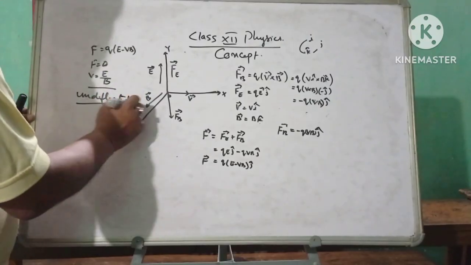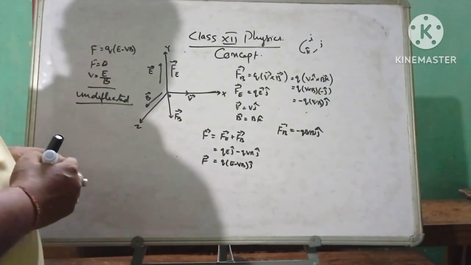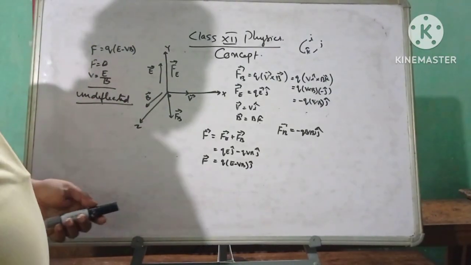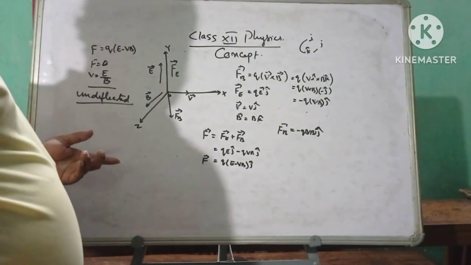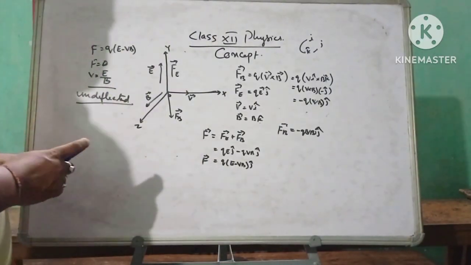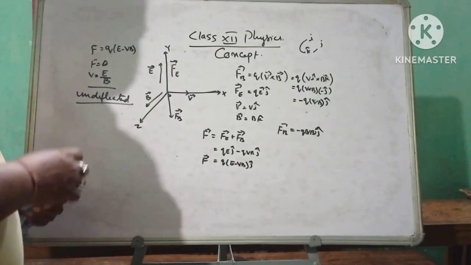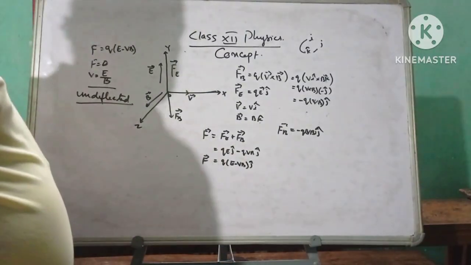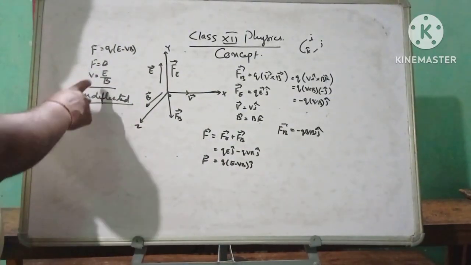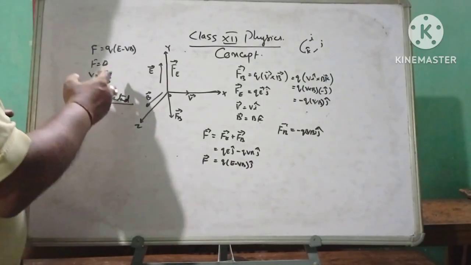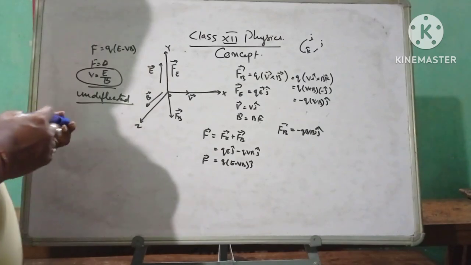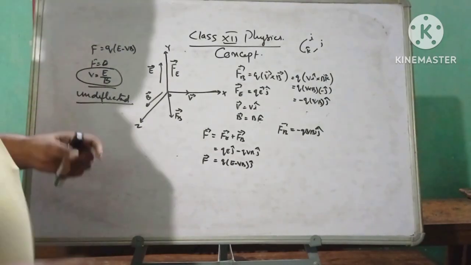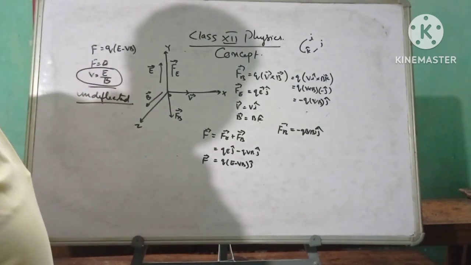So again questions can be asked to find the velocity when the charge moves undeflected. This is your result. That means your velocity must be equal to E by B.